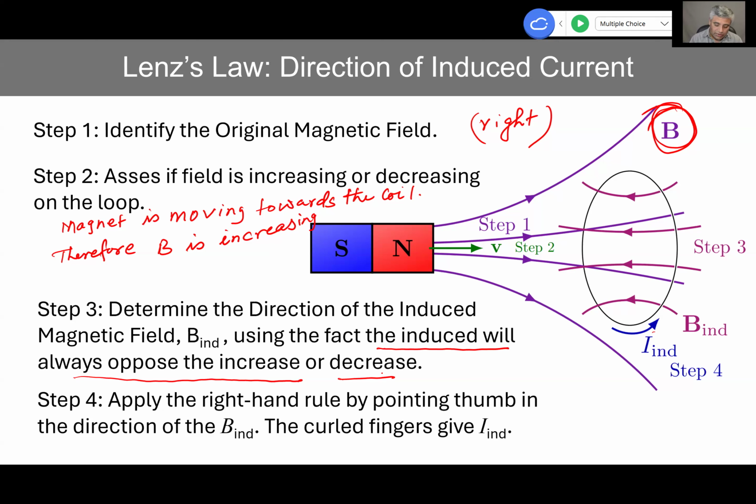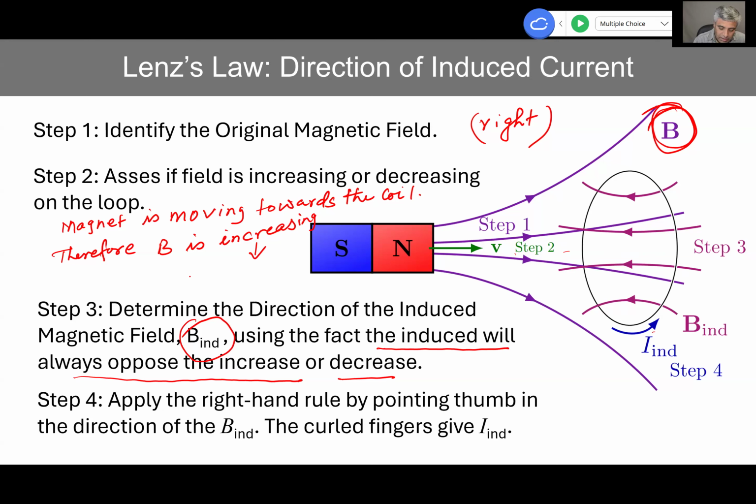Okay, so now we need to figure out which way this induced field gonna be. So in this case, it's gonna either in this direction or in that direction. Okay, so which direction? So here, what's happening? It's increasing.